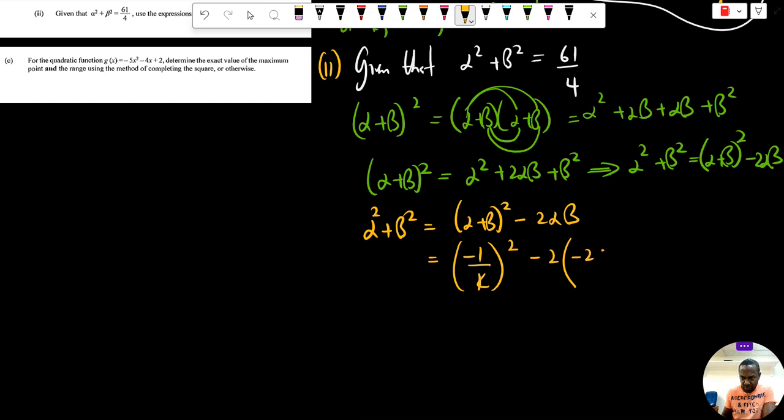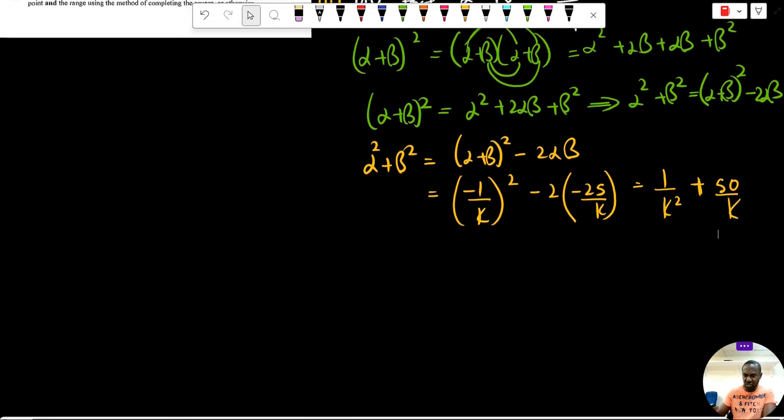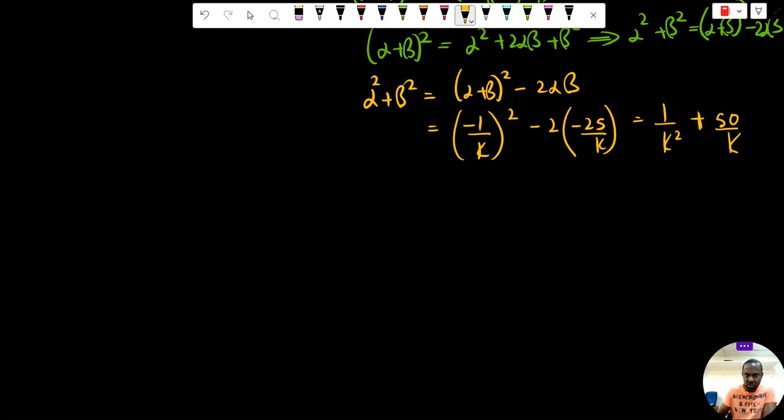So this is times minus 25 over k. Now when we simplify this, what do we get? We simply get 1 over k squared plus, because that minus 2 will multiply this minus 25 to give us plus 50 over k.